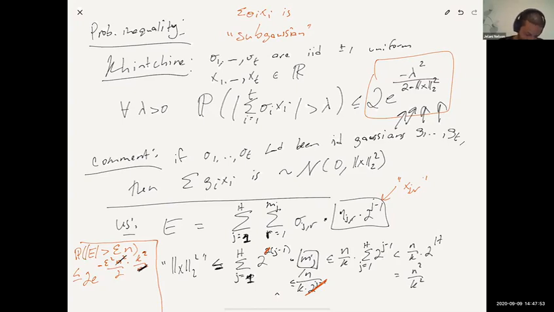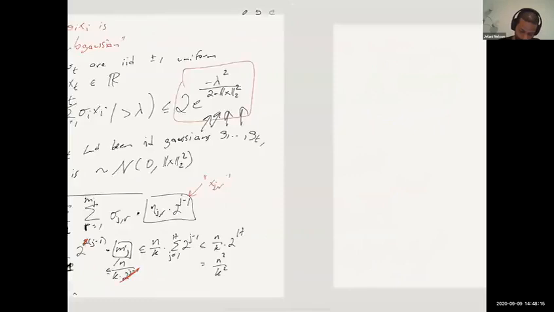So this implies we can set k to be something like 1 over epsilon times the square root of log 1 over delta. Right? We want failure probability delta at the end of the day. So that's it. We get k to be 1 over epsilon root log 1 over delta.